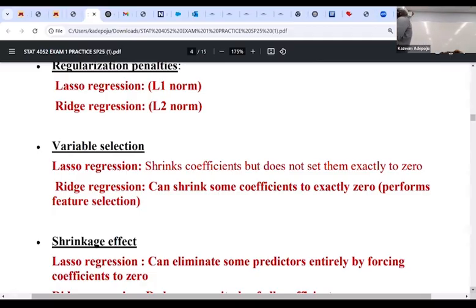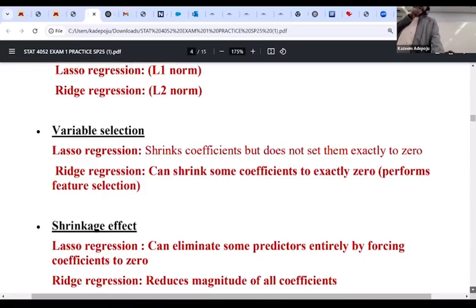And the one that does the job of variable selection is the lasso. Okay, lasso does the job of variable selection. The ridge regression does not do the job of variable selection. Okay, we're still going to have all the predictors in the model, except that it will be able to reduce the effects of multicollinearity.